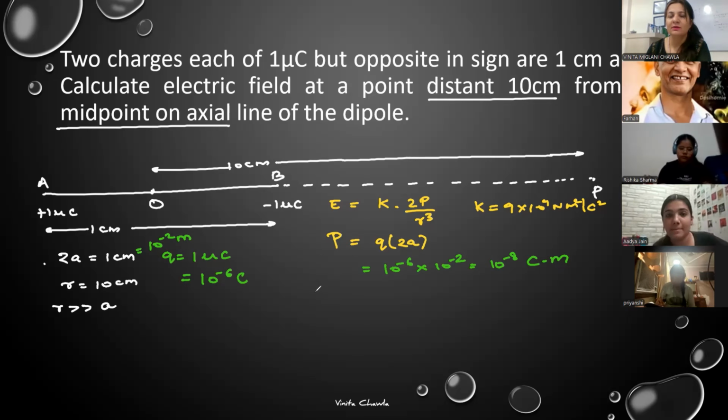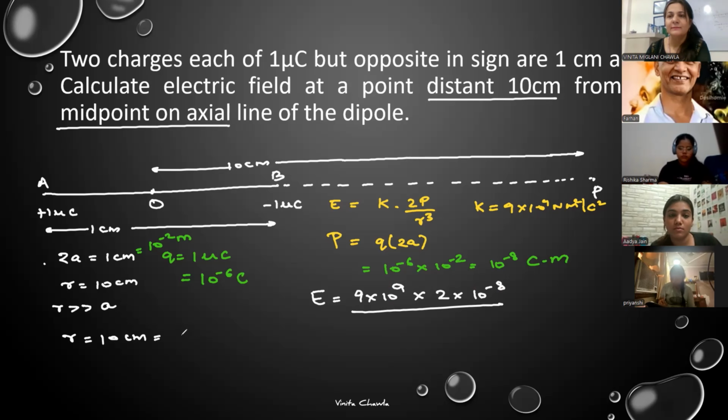So E is, K is 9 into 10 power 9, 2 into p is 10 power -8, divided by r cube. r cube, r is 10 centimeter, so in meters we can write 0.1 meter, no? So 0.1 cube or 10 power -1 cube you can write. Yes, what is the answer coming? It is r cube, no?